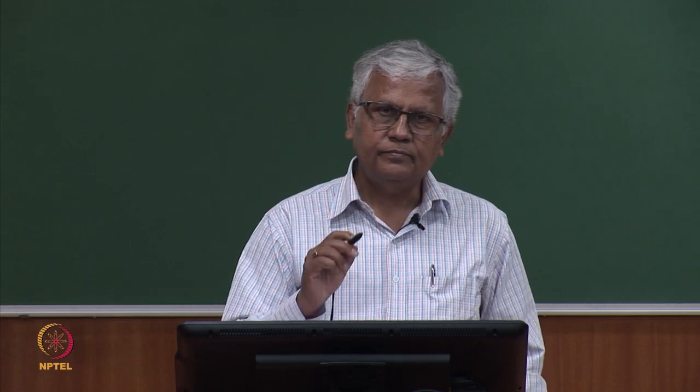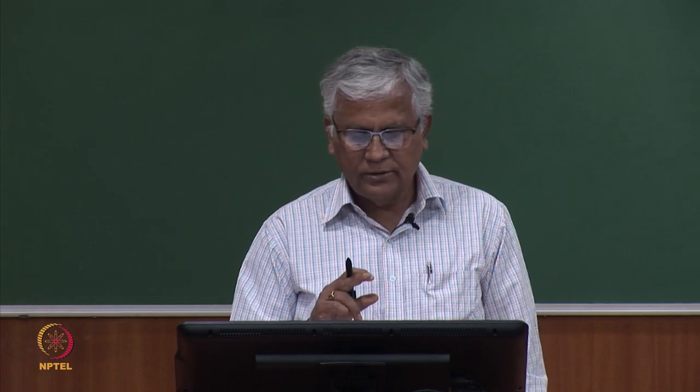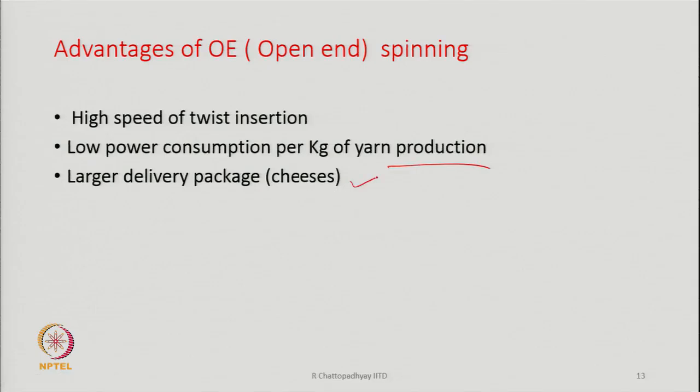So, the number of production positions will go down. The main problem will be the breakage of the yarn, because a larger ring means a lot of tension in the balloon. So, a large package we cannot have in ring spinning, whereas here there is no such limitation.